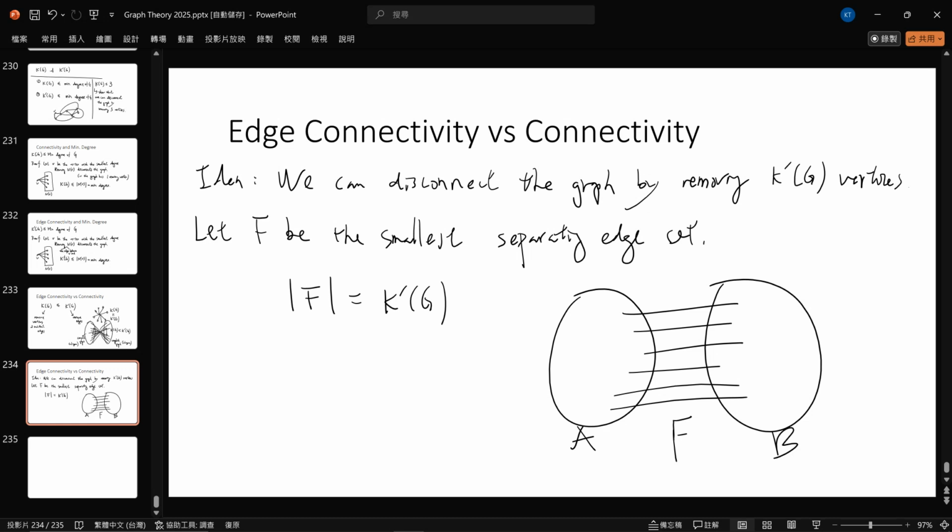Now how do we find our kappa prime G vertices? We still want to disconnect the graph by removing vertices, not edges. The first suggestion is: for every edge in F, pick one endpoint at random and remove it.